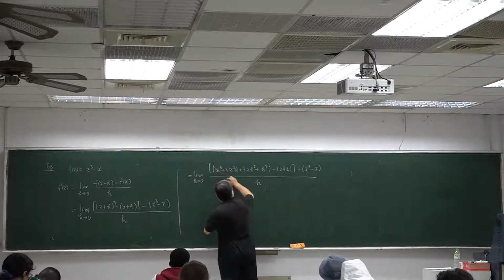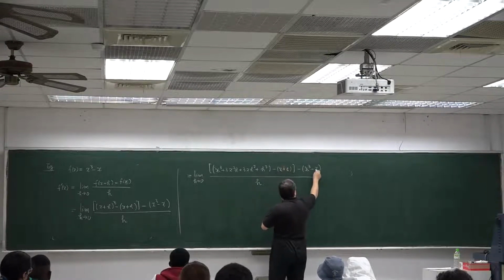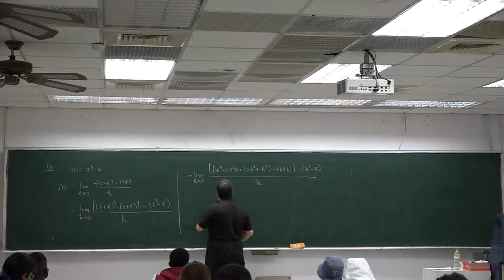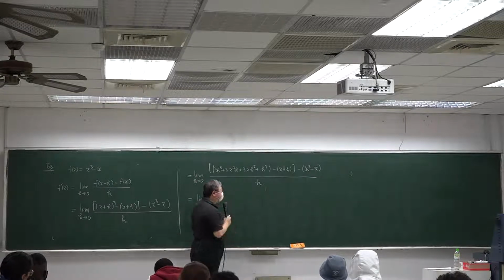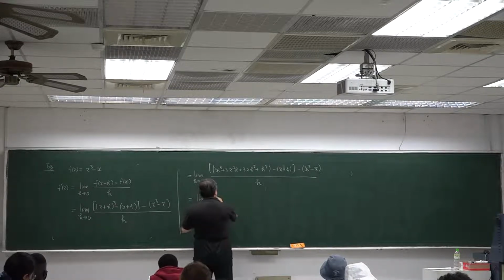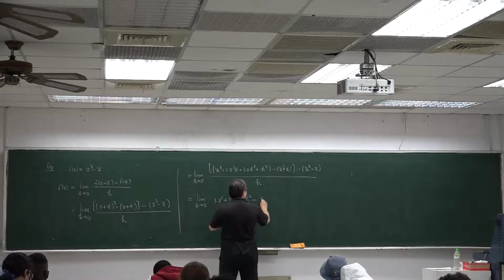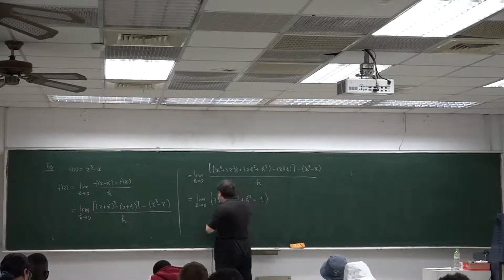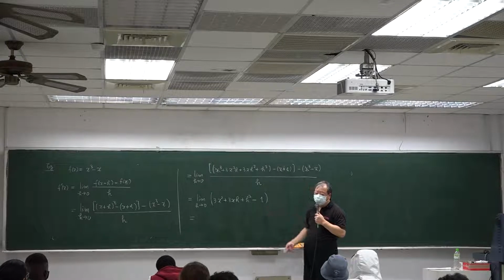Here, x cubed and x cubed are cancelled. x and x are also cancelled. And the rest of the terms all have the factor h. Now this is a polynomial in the variable h.